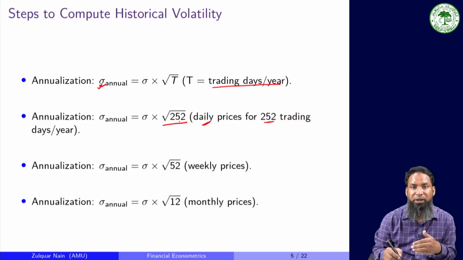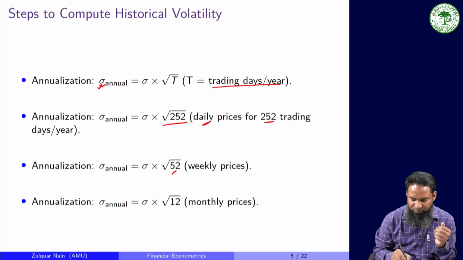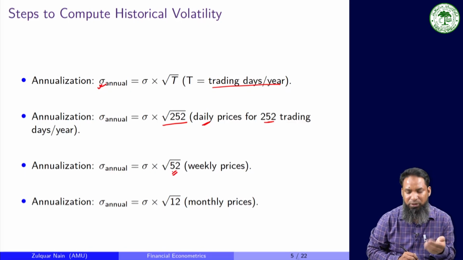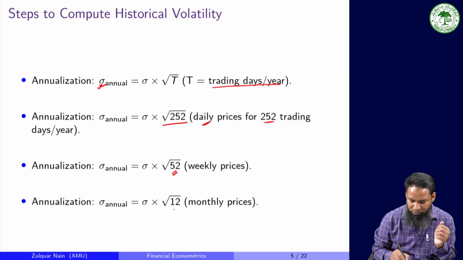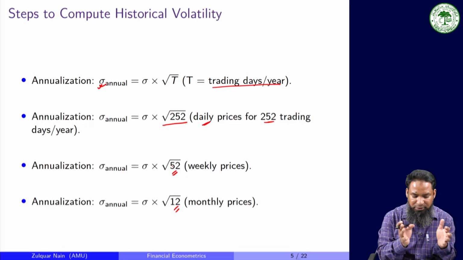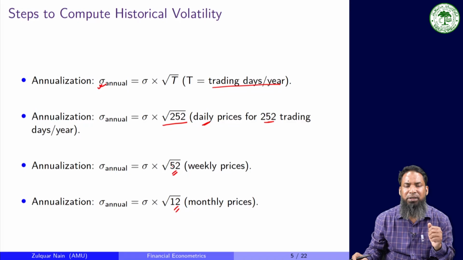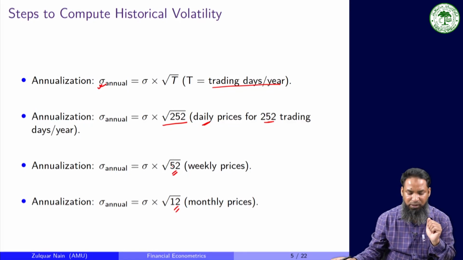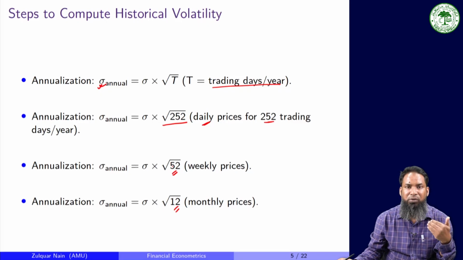Correspondingly, if it is weekly, there will be 52 weeks in non-leap years. If it is monthly, then there are 12. So, we can use this formula to convert the standard deviation into the annualized standard deviation, which is the measure of historical volatility. These are the steps we follow to calculate the historical volatility.